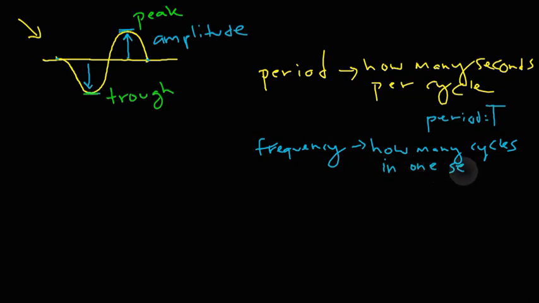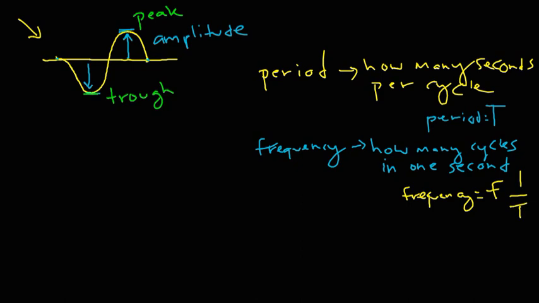So the period is how many seconds per one of these cycles, and the frequency is how many cycles it could go through within just that 1 second time frame. The notation for frequency, and I'm going to inverse the colors here, is F, but I said it's the inverse, so we could also see it as 1 over T, couldn't we?